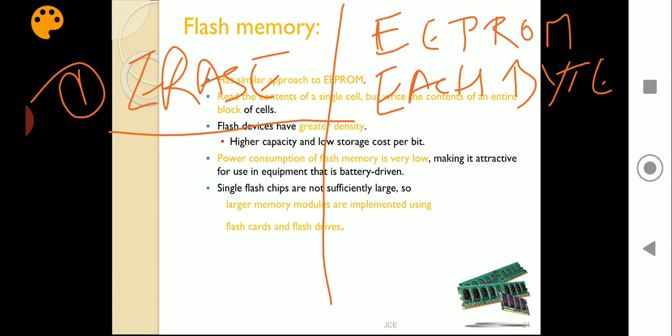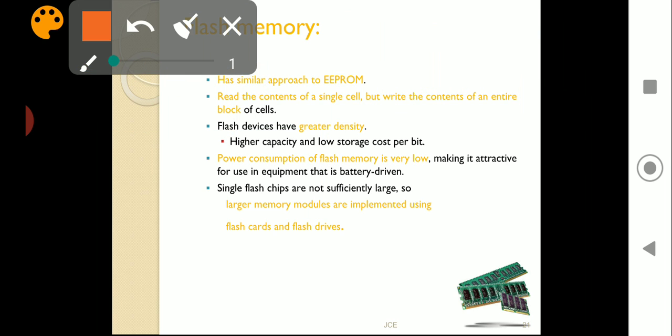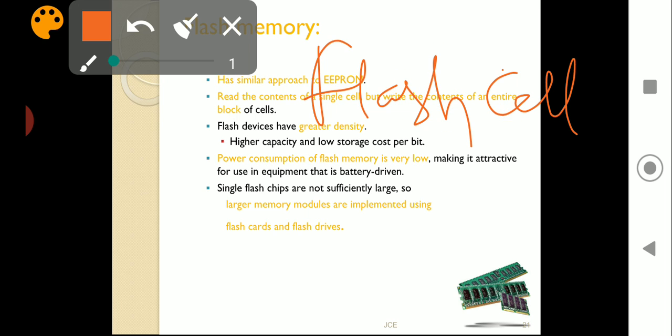Now going ahead, this flash, whatever we are studying till now, it has various variants. Like say for example, it has flash cell. One variant is flash cell. Other variant is flash card. Another variant is flash drives as well.